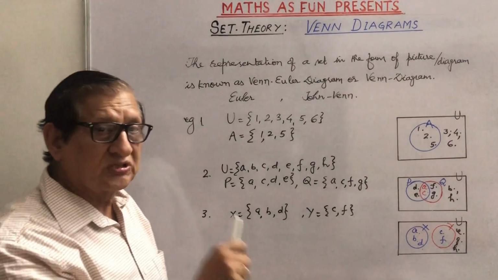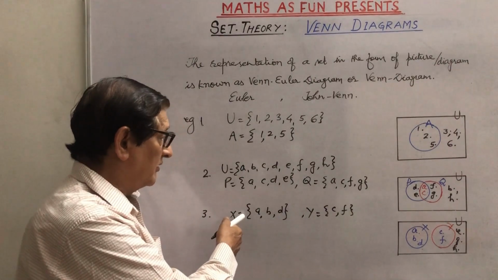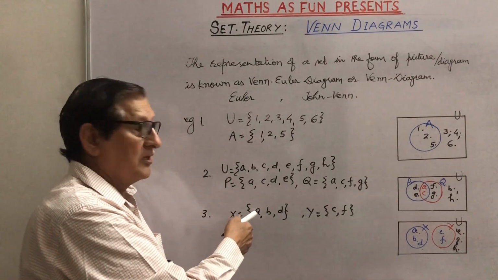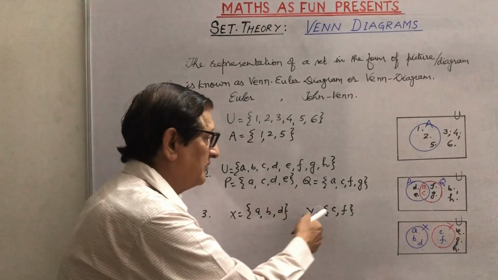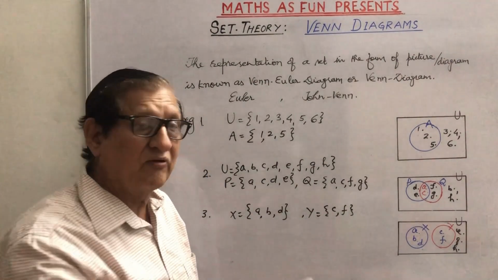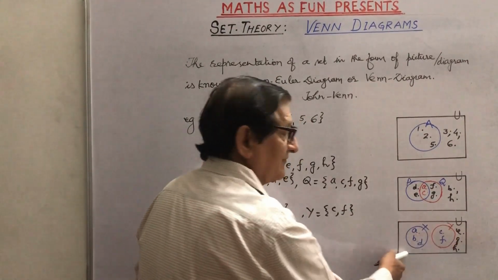Suppose two sets do not have any common elements, like in this example. In this, U is the same, A to H, and then X has the elements A, B, D. Y has the elements C and F. There is no common element between them, and then we will write the sets in this form.